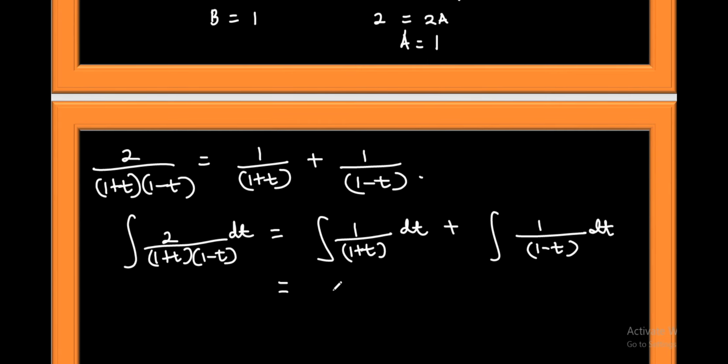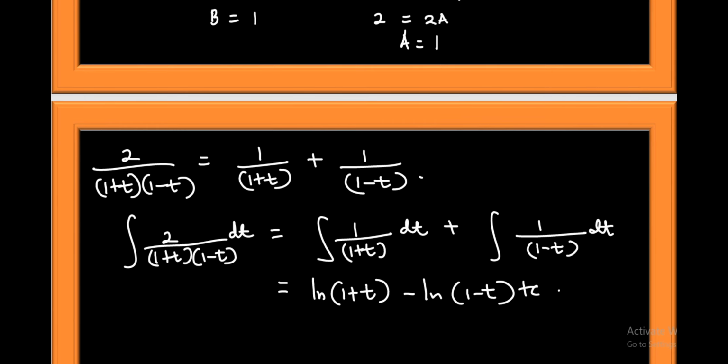Now, the first integral gives us a natural log of 1 plus t, and the next integral gives us a negative natural log of 1 minus t, and then plus a constant of integration. Now you realize the actual integration is done, but we now have to bring in the trigonometry to get the answer we want.